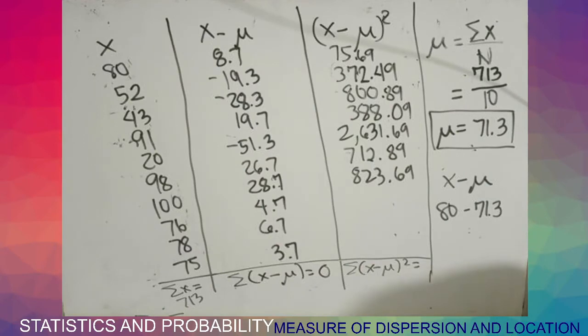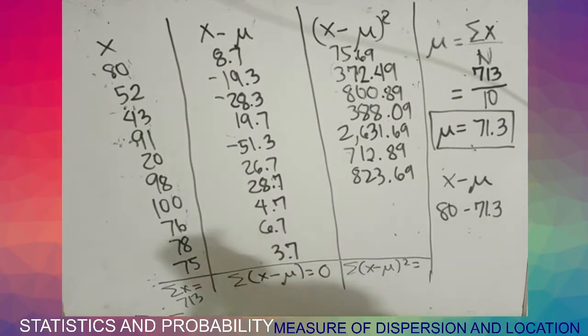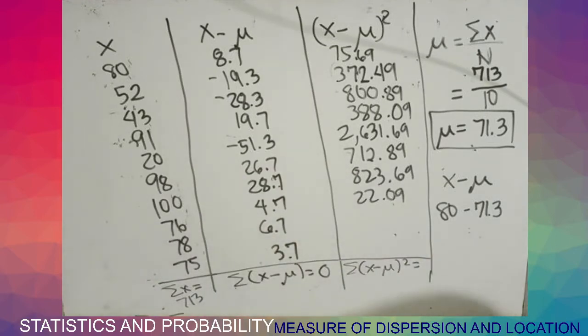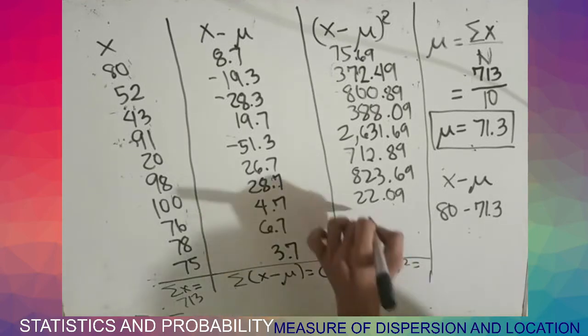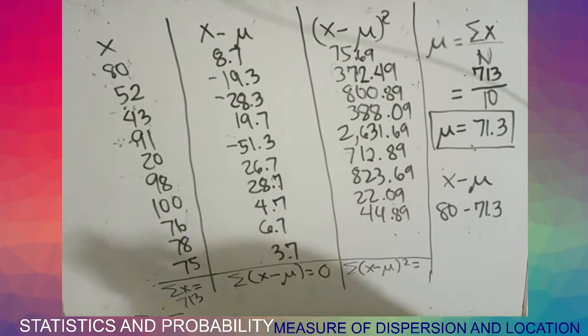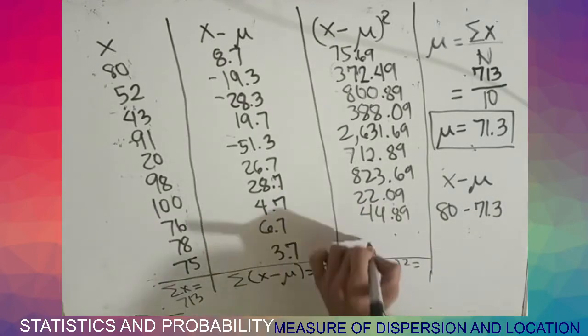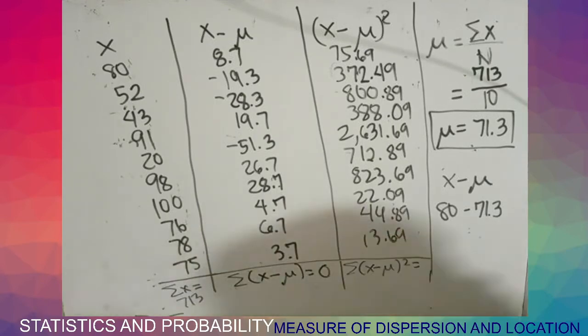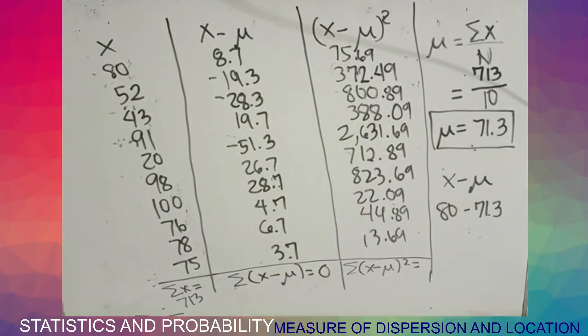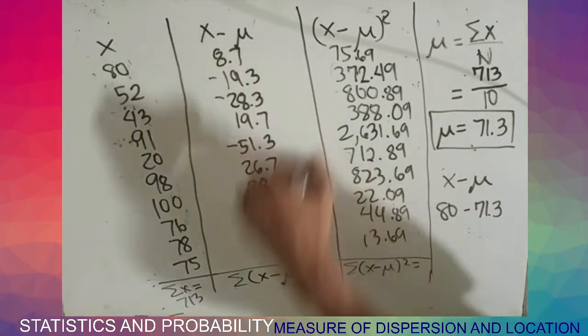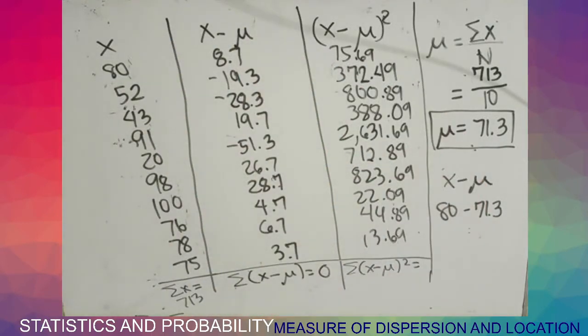And then 4.7 squared, 22.09. 6.7 squared, 44.89. Then the last is 3.7 squared, 13.69. Okay, next. So, pagkatapos natin makuha itong squared natin nitong x minus mu, pagpaplasin naman natin siya.